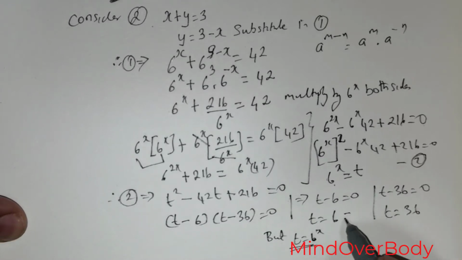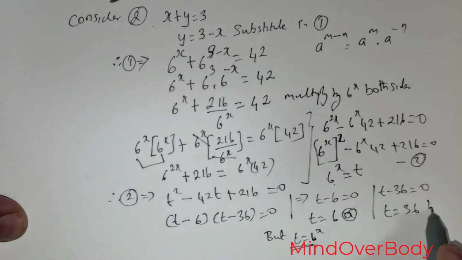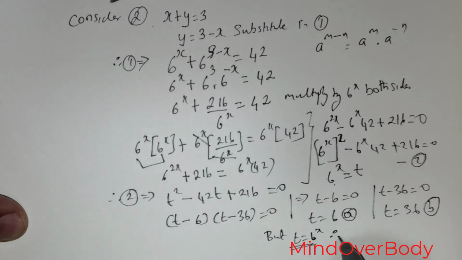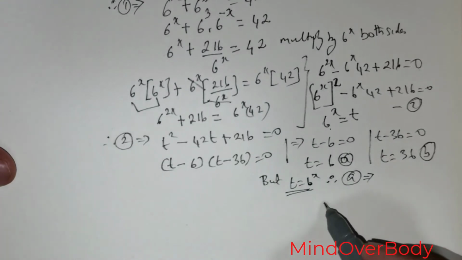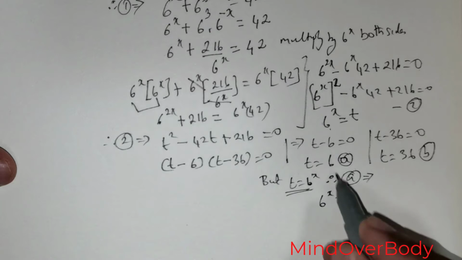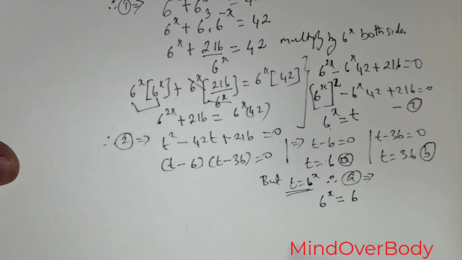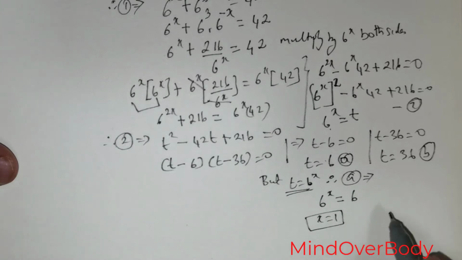So if I were to take this as a and this as b, I can rewrite a as 6 raised to the power x is equal to 6. Now clearly this means x is equal to 1, so this is one value.